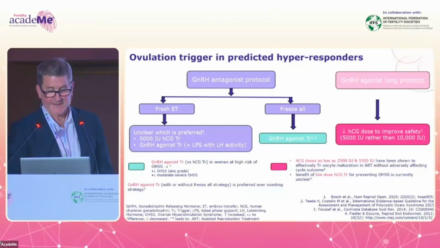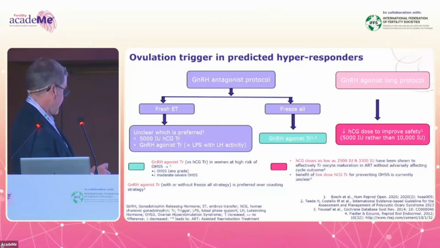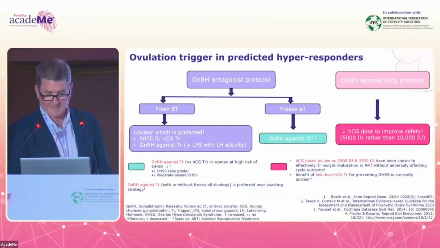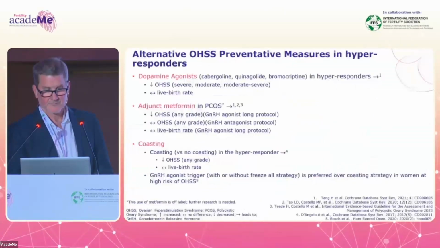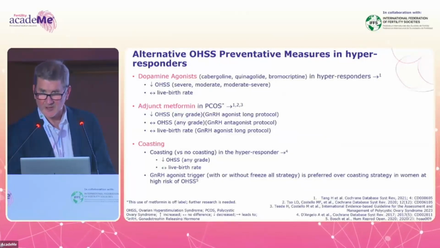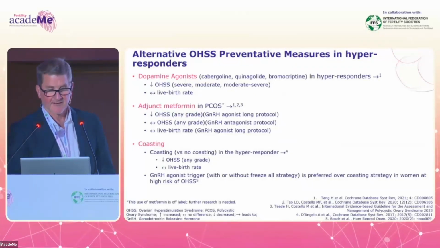The ESHRE guidelines also recommend that using a GnRH agonist trigger with or without freezing is actually preferred over coasting. Alternative OHSS preventive measures specifically in the hyper-responder population: dopamine agonists have reduced OHSS without compromising live birth rate.